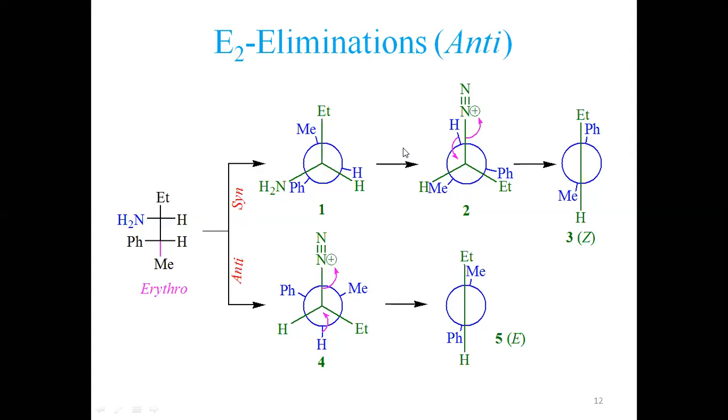What we have done here, I have missed here, we are going to react this primary amine with HNO2. HNO2, if you remember, is commonly called nitrous acid, not nitric acid. Nitric acid is HNO3. This is HNO2, synthesized by the reaction of sodium nitrite, NaNO2, with HCl.